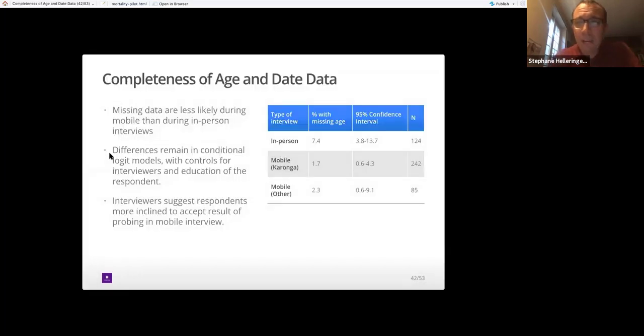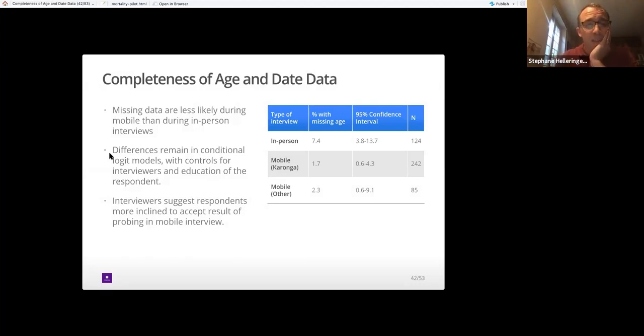The second set of findings relates to completeness of age and date data, which is often a problem in those survey data, because respondents report that they don't know the age at death of their sibling or of their relative, or the current age of their relative.